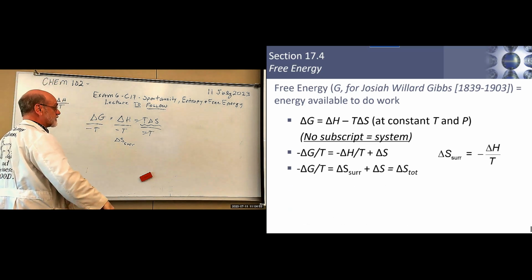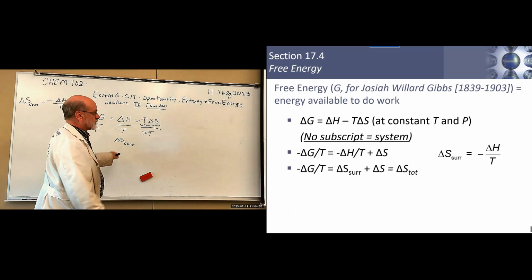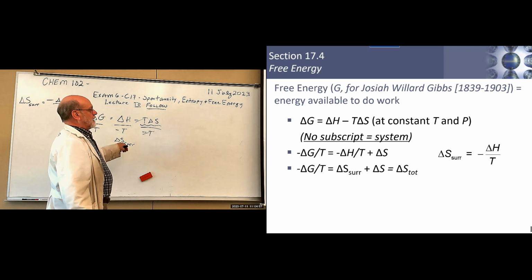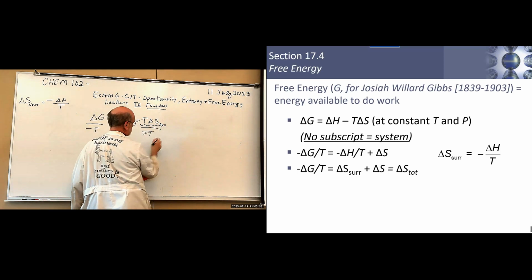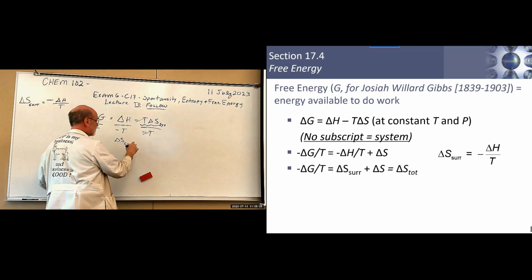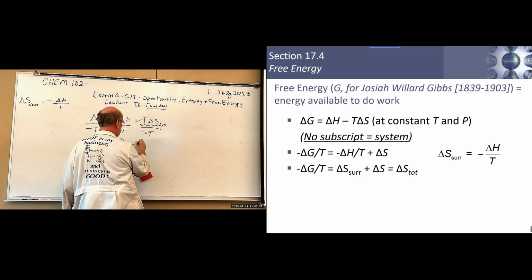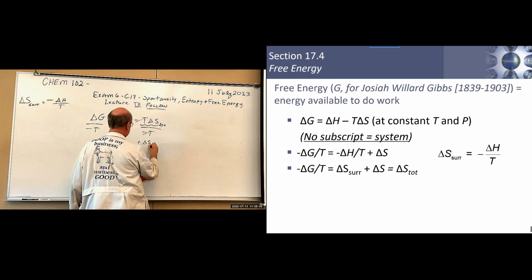And if we substitute those values in, delta S for surroundings, and this delta S is always for the system. We didn't write it in there, but that's what it is. And this is the system, delta S for the system.